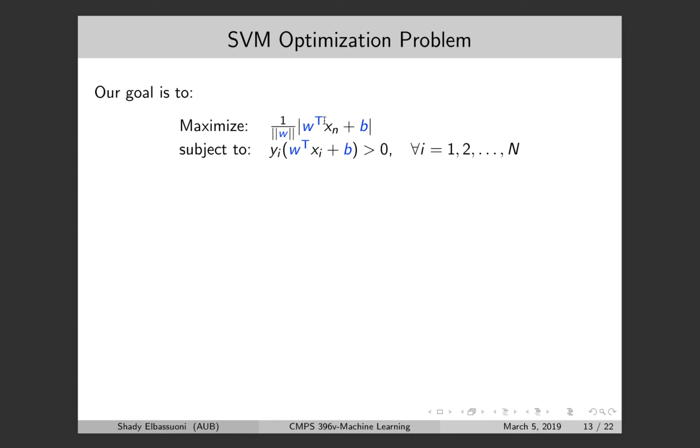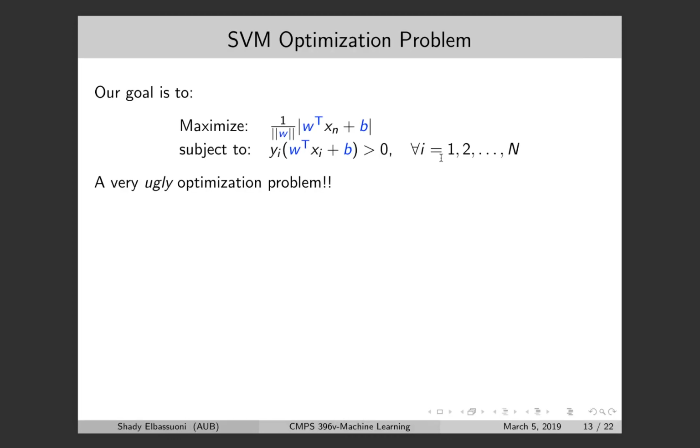So not any hyperplane, because the one that maximizes the distance to xn would be the one at distance infinity. So I want to make sure that the hyperplane linearly separates the data: yi times (w transpose xi plus b) is greater than 0, for i equal 1 to n, so for every data point.